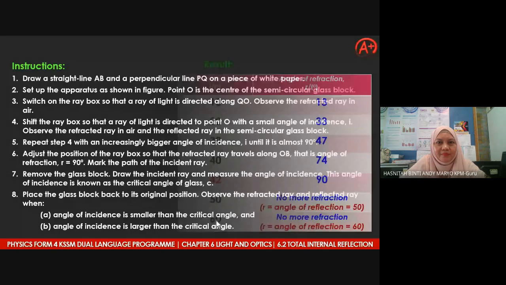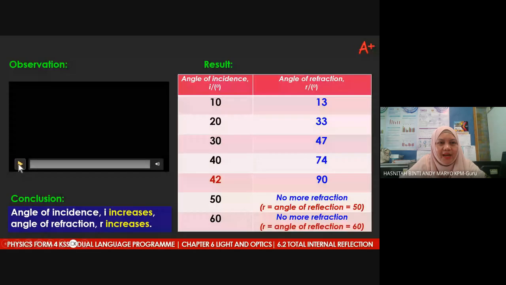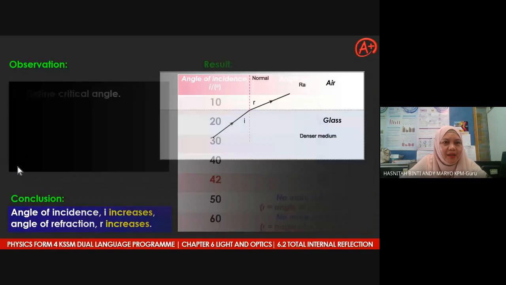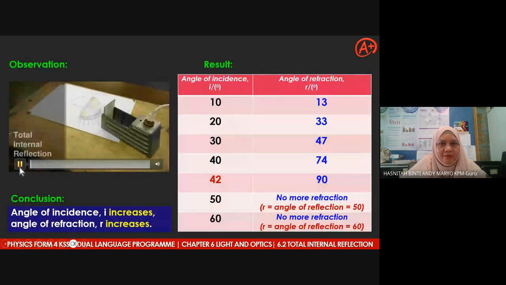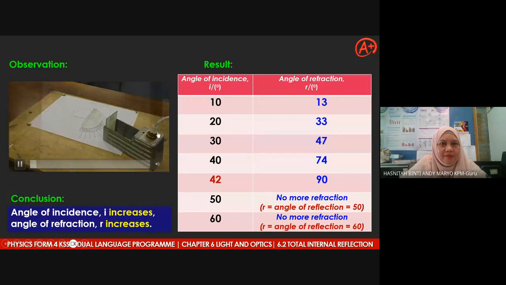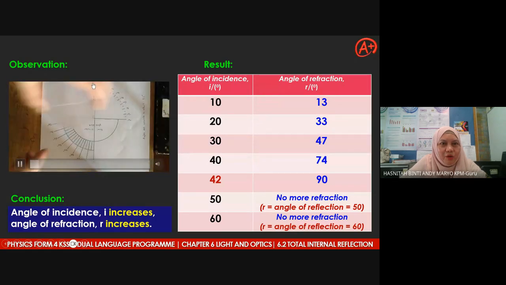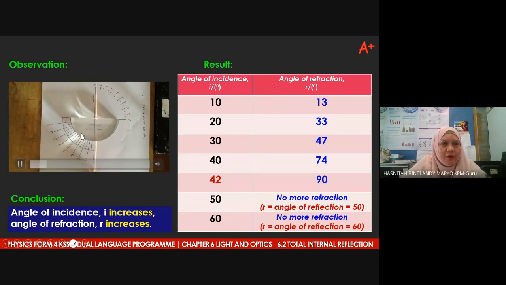So this is one example demonstrating how this experiment is conducted. Okay, this is the related video so you can see. This is our arrangement of apparatus. The ray box is there. This is the drawing we drew earlier and we place a semicircular glass block at that position. And then we direct our source of light at a certain angle.